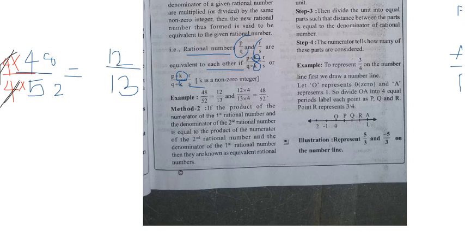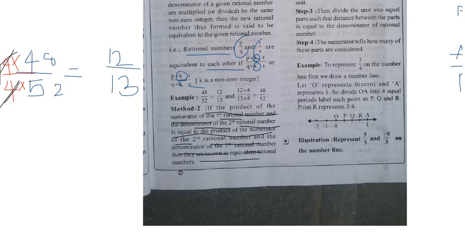Next, in method 2: if the product of the numerator of the first rational number and the denominator of the second rational number is equal to the product of the numerator of the second rational number and the denominator of the first rational number, they are also known as equivalent rational numbers.